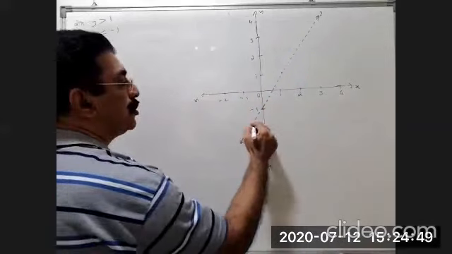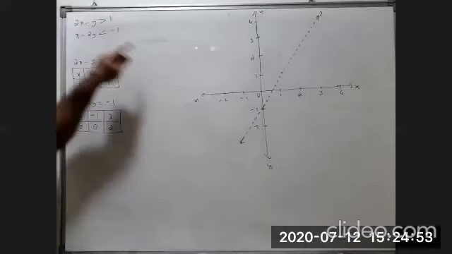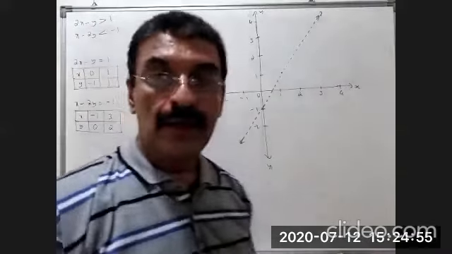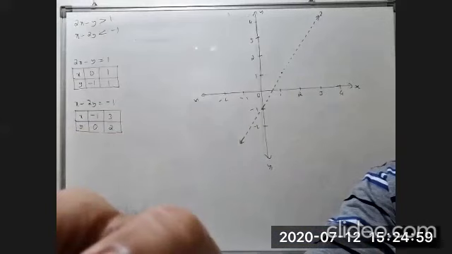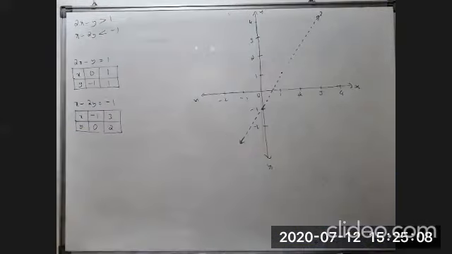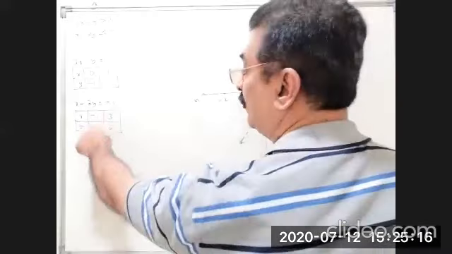Do not draw straight lines, dotted lines only. Remember it, because it is greater than. That means the line is not included. Dotted lines. Now, x minus 2y is what? So minus 1, 0.